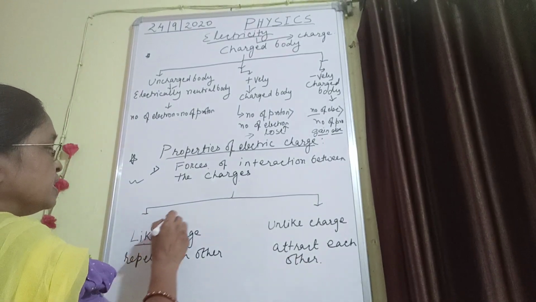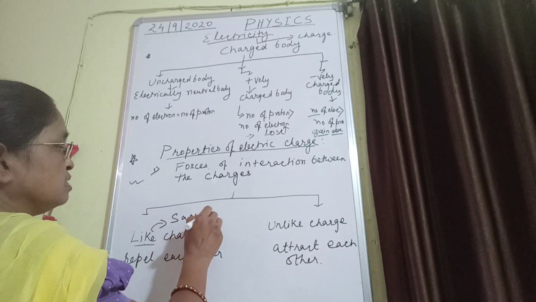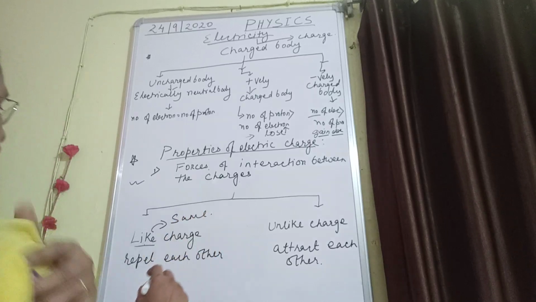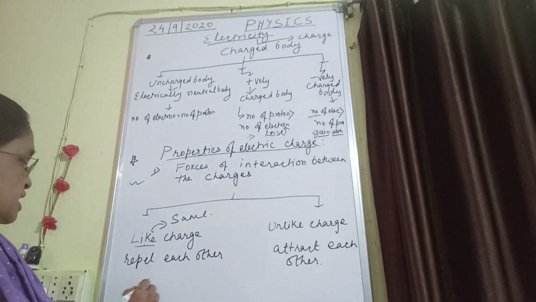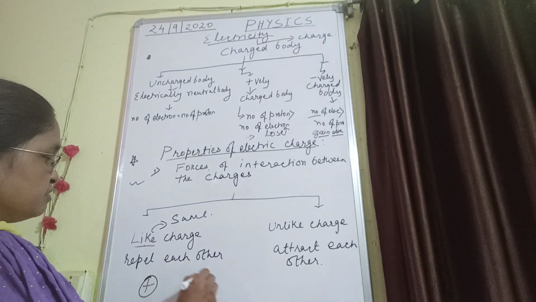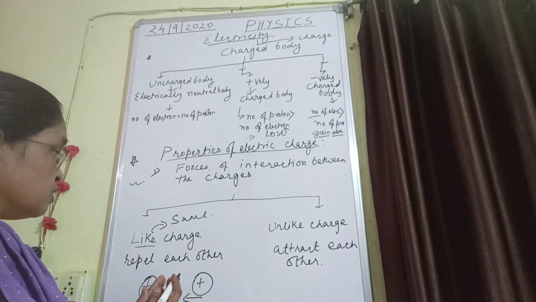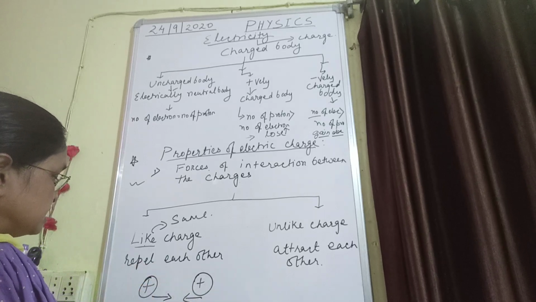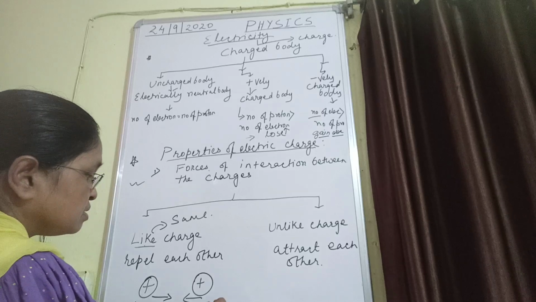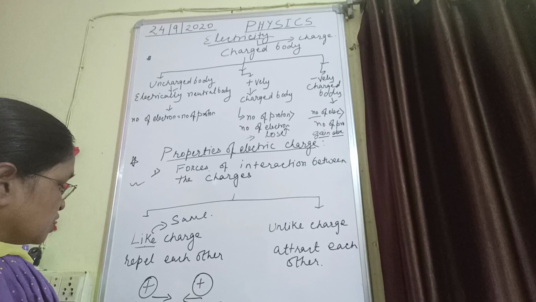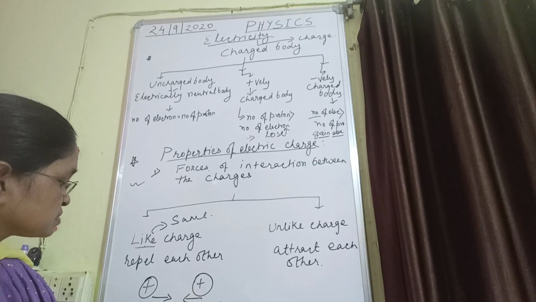Like means here we are saying same charge. Same charges repel each other, meaning if you bring positive and positive, when they approach each other, they will feel the force of repulsion. They will just go apart from each other. So this is the force of repulsion.